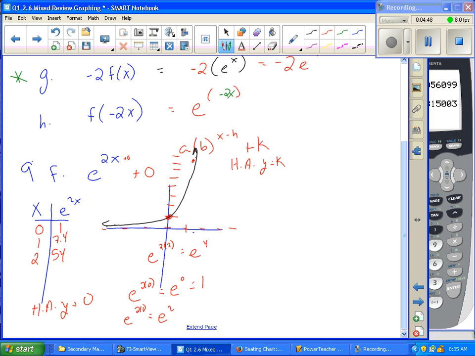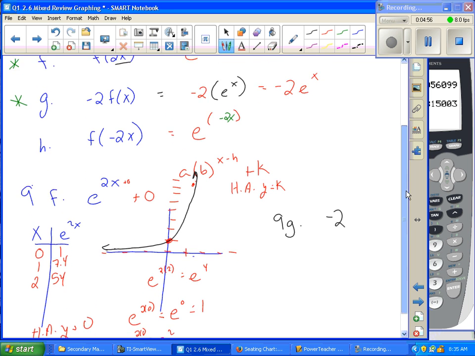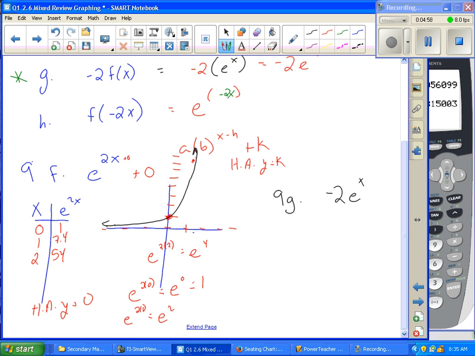And then the other one, g, so when I graph 9g, which was negative 2 e to the x, again, the first thing I want to figure out is my horizontal asymptote, but my horizontal asymptote is still just going to be y equals 0 because there was no k value over here.